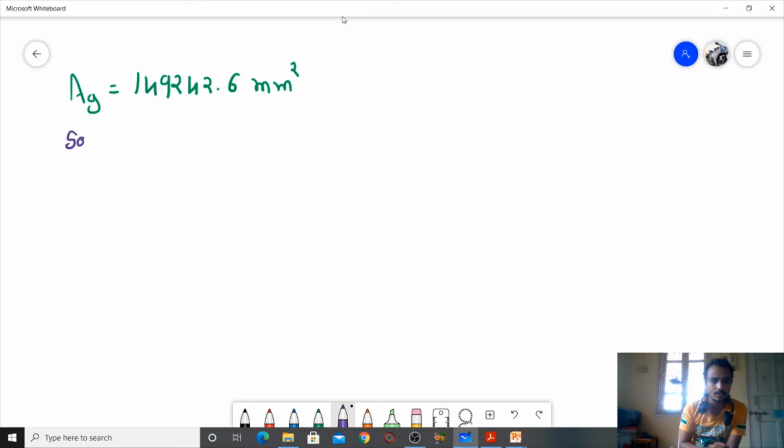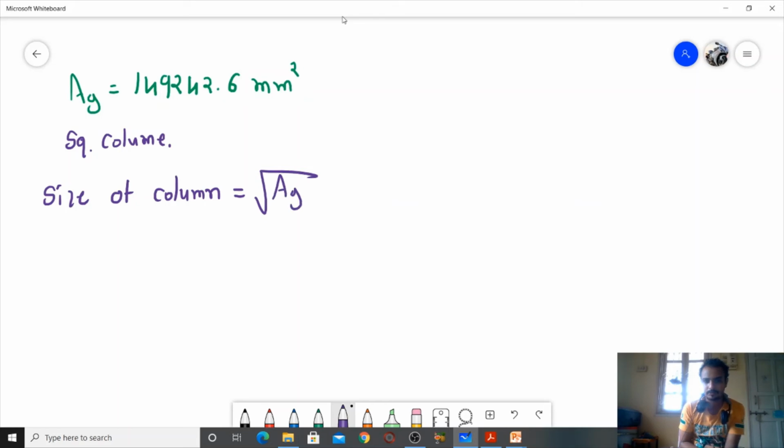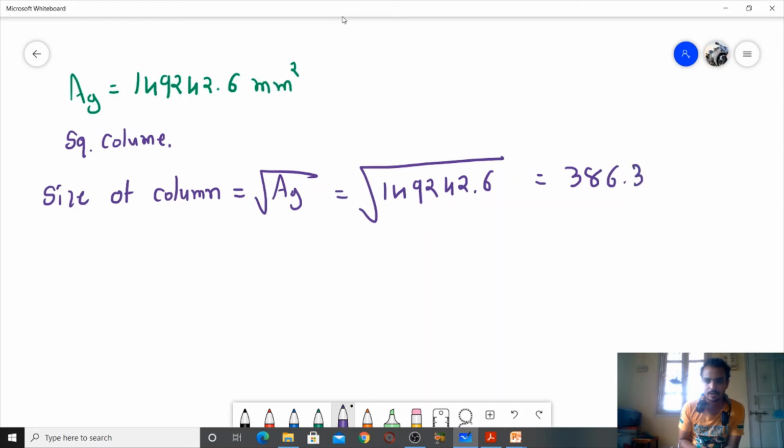We have a square column, so for the square column, the size of the column is equal to the square root of Ag, the area of gross. So the square root of 149242.6 is 386.32 mm. This is one dimension of the column.